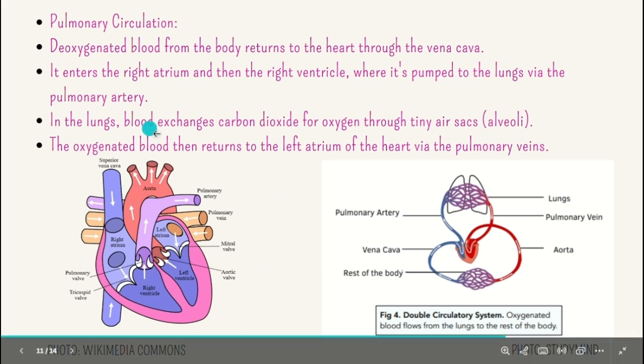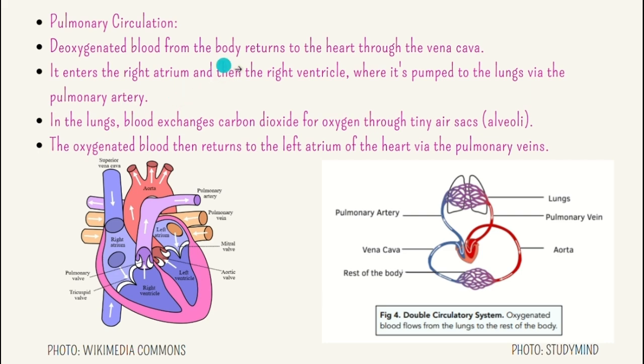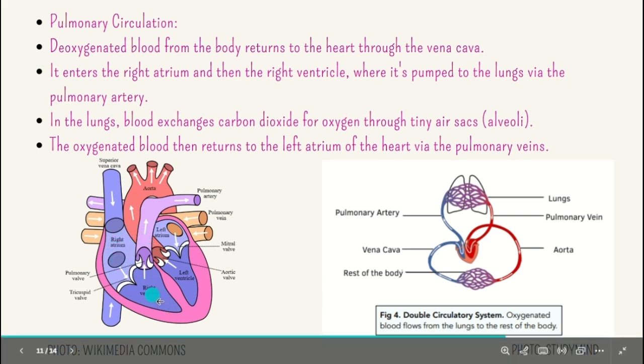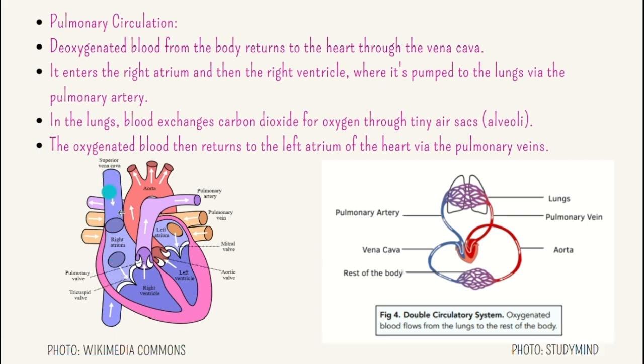Basically, the deoxygenated blood is going to return to the heart through the vena cava. So right here, this is the vena cava. So deoxygenated blood is coming in. It's going to the right atrium, then to the right ventricle. This tricuspid valve is just what prevents the backflow of blood. It just prevents blood from going the wrong way. We don't want the blood going back out through the vena cava.